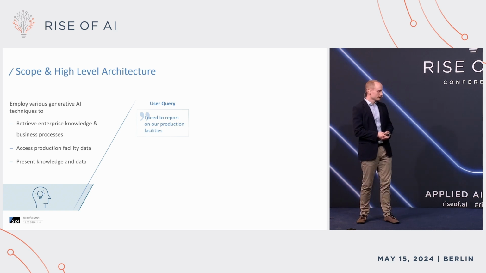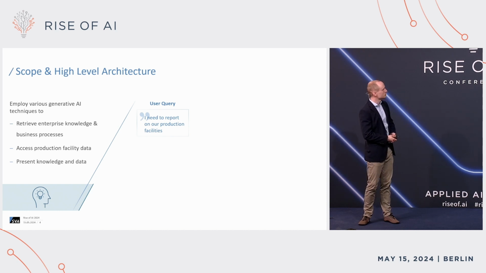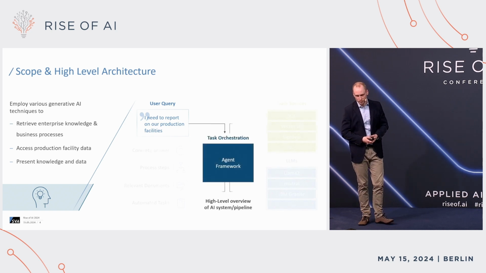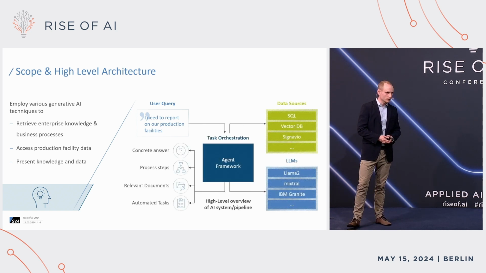In that case, the idea, and this is now the high-level overview, is that we have a query. For example, I need to report on our production facilities, and now we want to get the actual answer to this question. What we are employing is an agent framework.